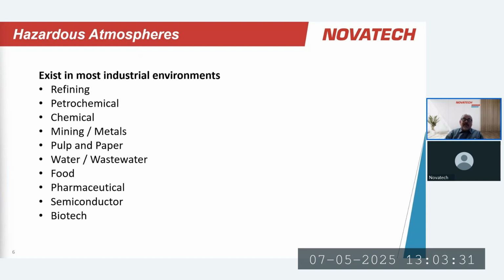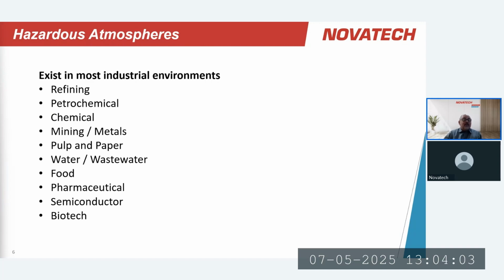And these hazardous atmospheres can exist in most industrial environments. In fact, sometimes not even industrial environments. A classic example is the store chain Costco. They have these huge refrigerated and freezer sections, and they have gas detection there, because leaks of those refrigerants, those freons and things of that nature, can create an atmosphere which would be hazardous to humans.